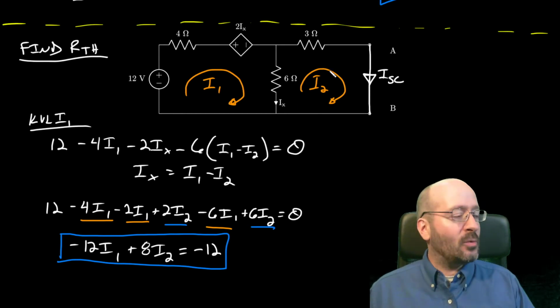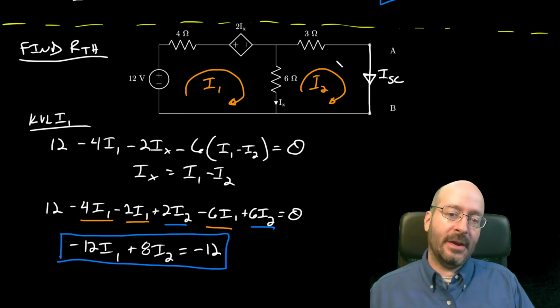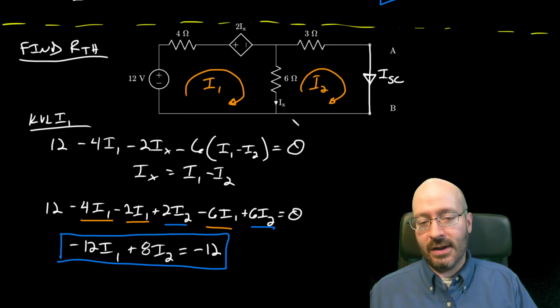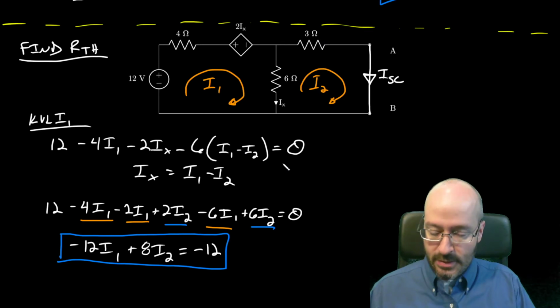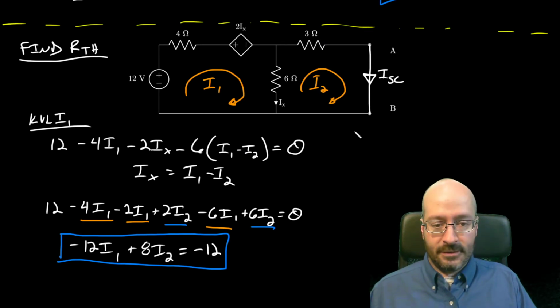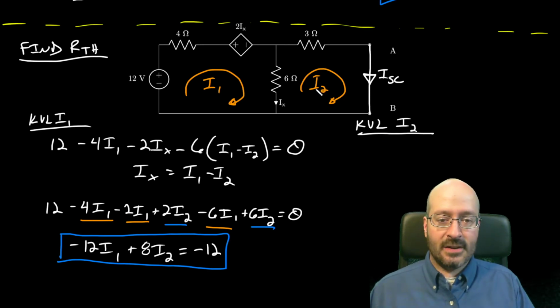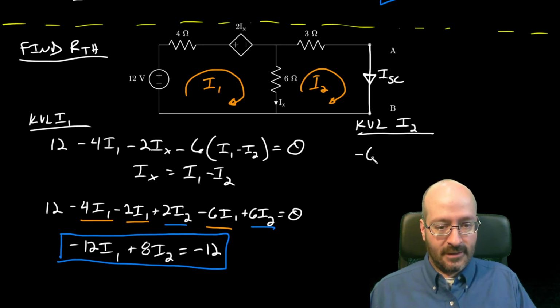Speaking of the shortcut, why don't we use it over here? There are no dependent supplies that come into play when writing the KVL for I2. So let's go ahead and do that. KVL for I2. Okay, what does I2 share with I1? It shares the 6.